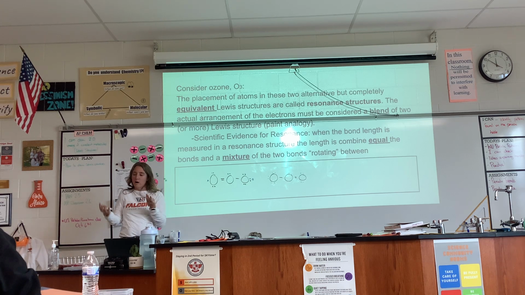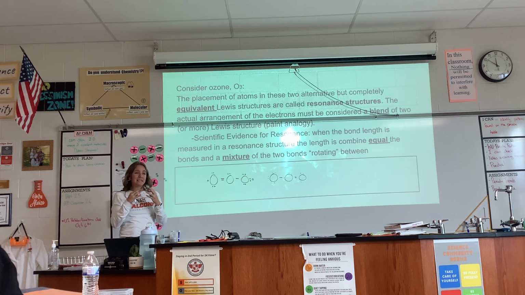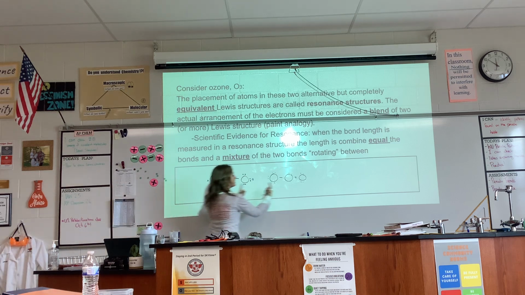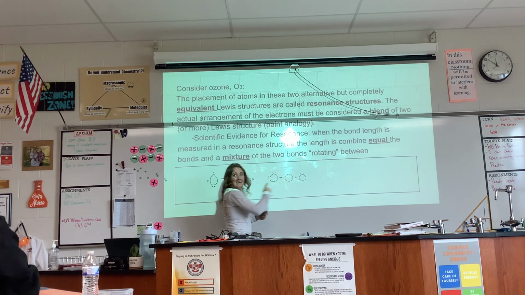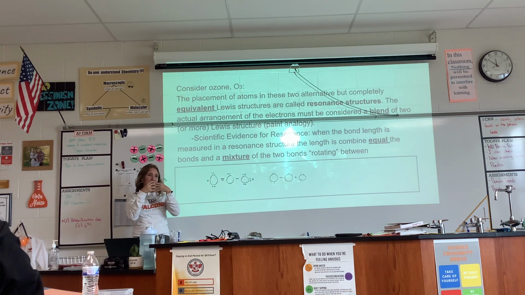Now it's not really a 1.5 bond because it's constantly moving, but because it's constantly moving, it gives that feel of a 1.5 bond. This is what we mean when we say that a molecule resonates. It goes from this structure to this structure, but so fast, like a flip book, that it looks like a perfect blend of both. So it sort of follows like a metallic bond? In the sense of a movement of electrons, yeah, you could relate it that way.